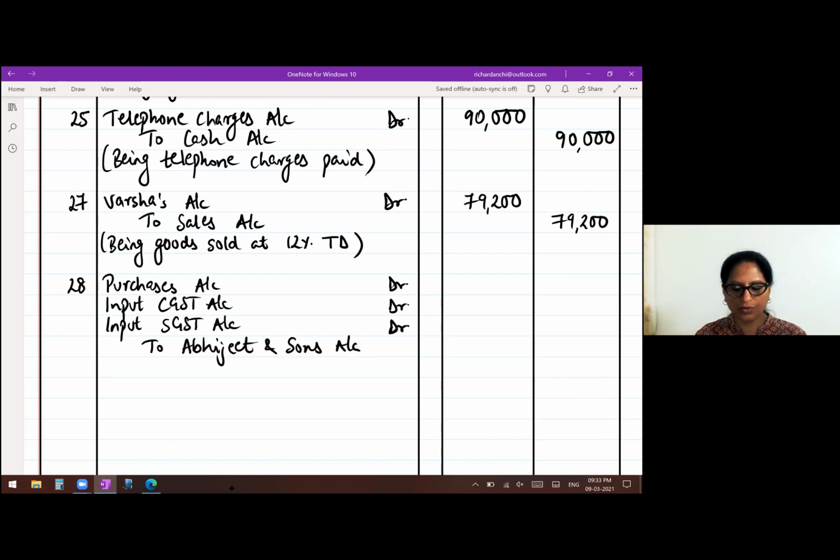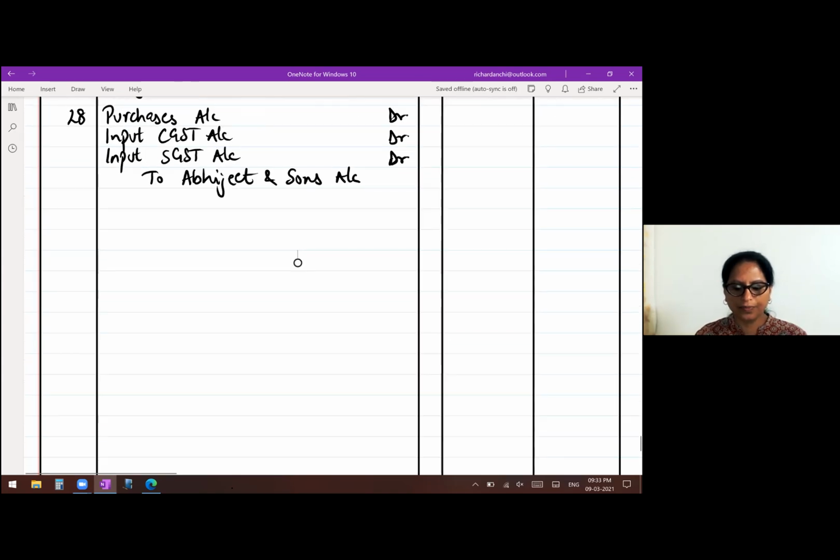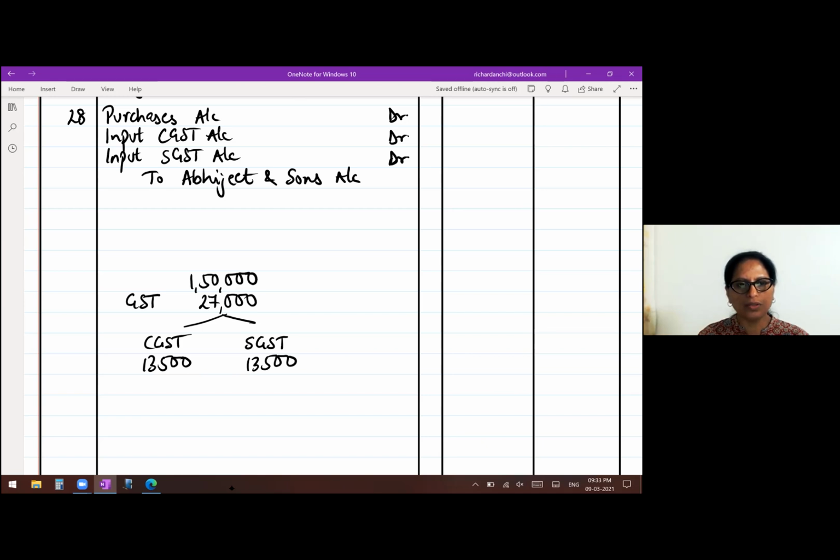Okay, now we'll find out the amounts. It is purchases, goods are purchased 1,50,000 at 18% GST. So 18% is 27,000. So of this, divide CGST and SGST, it will be 13,500 each. So now write the amounts.